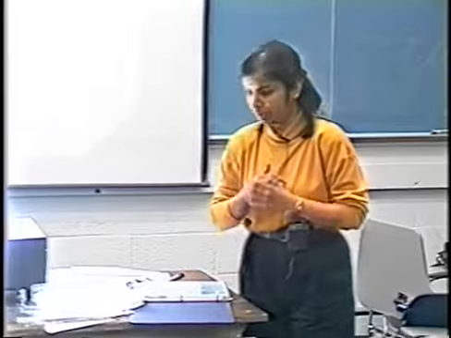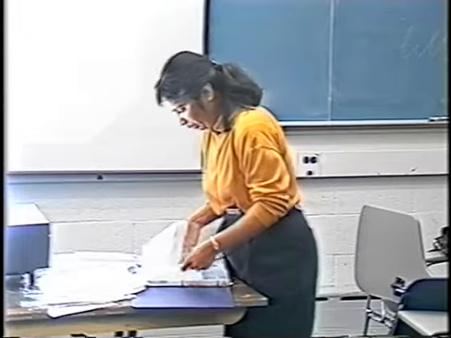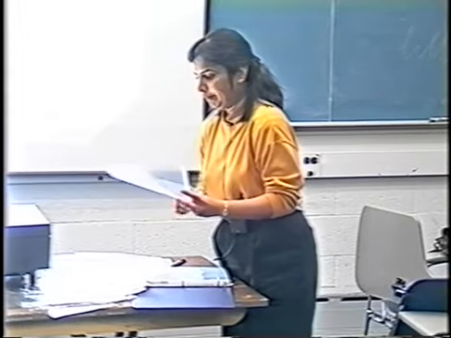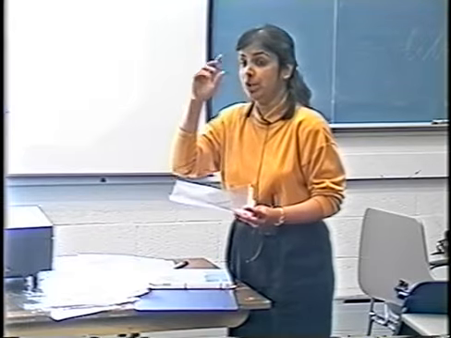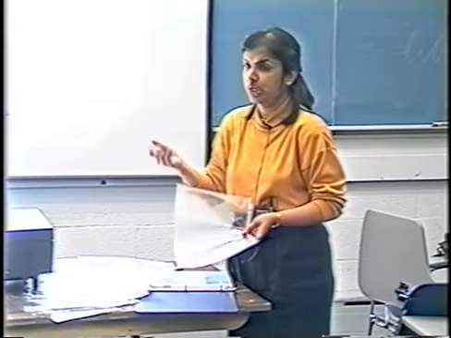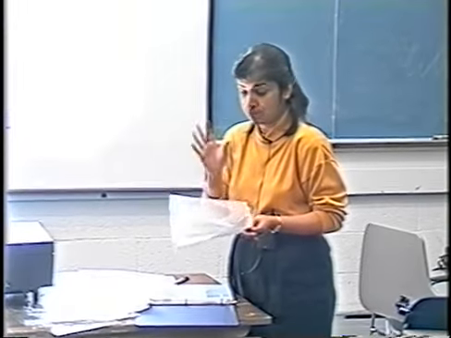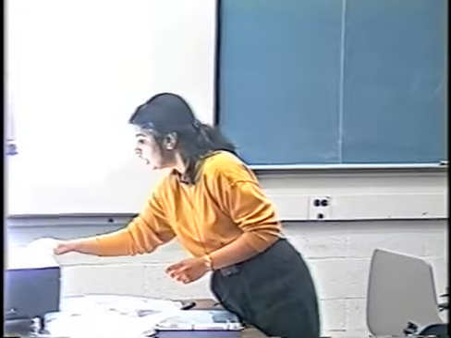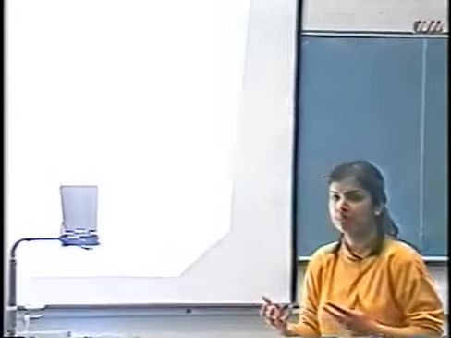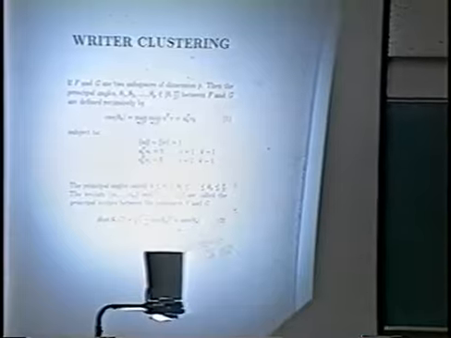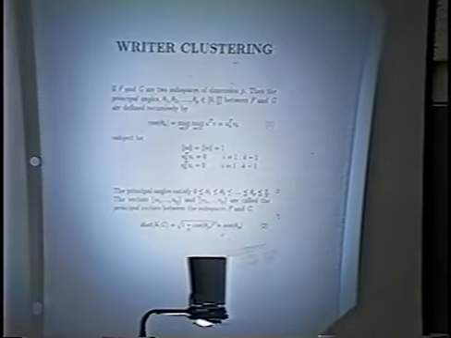But what did work very well was the following. Each writer for us lives in their own LDA space, so each writer has a trained LDA space specific to that writer. We look at what's called the principal angle between these LDA spaces, and we use that to do our writer-dependent clustering.